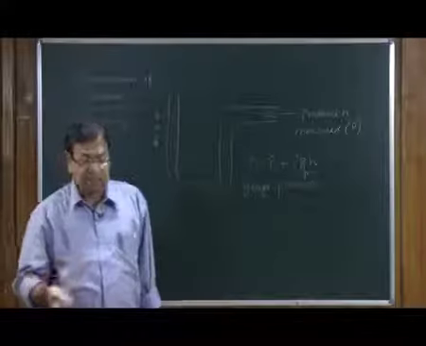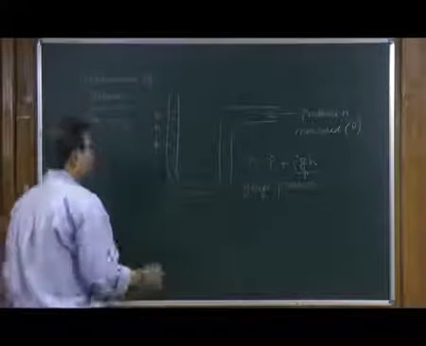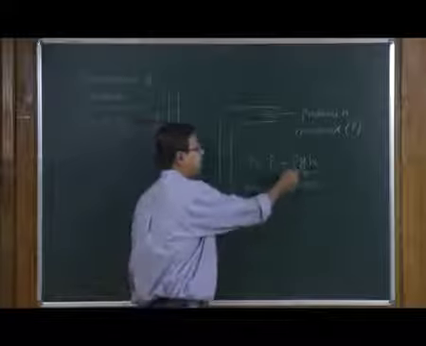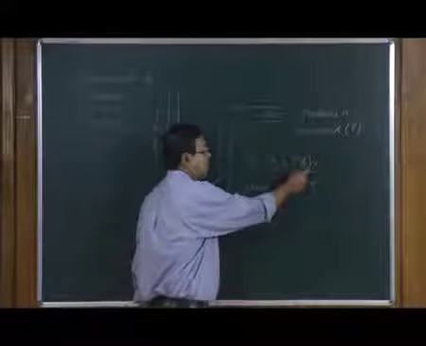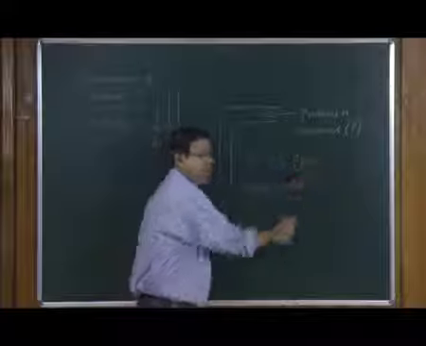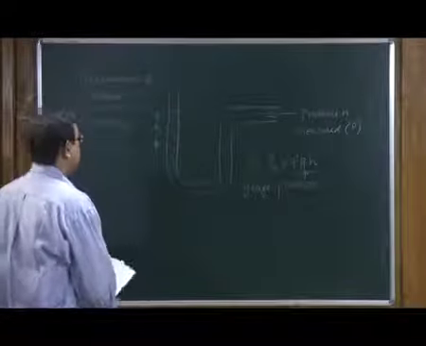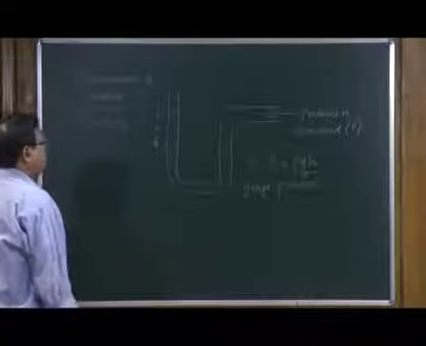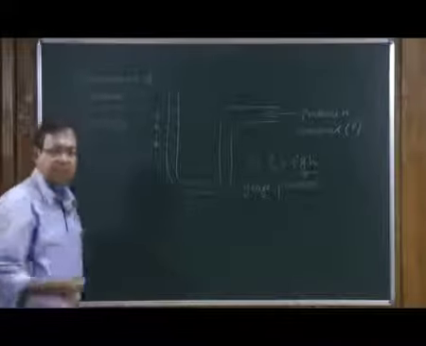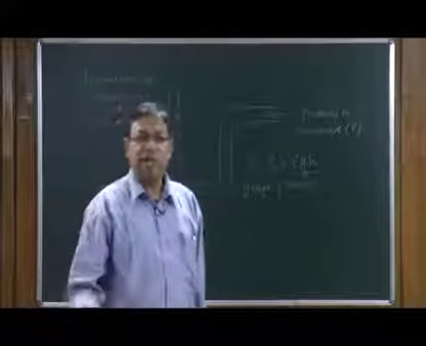So, at times, in fact, this product of rho g and h, that is density multiplied by the acceleration due to gravity multiplied by the height difference between the two arms, is simply represented in terms of the height.